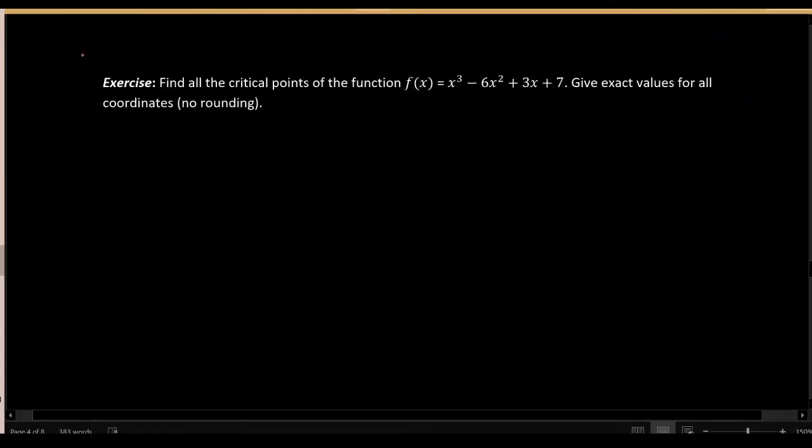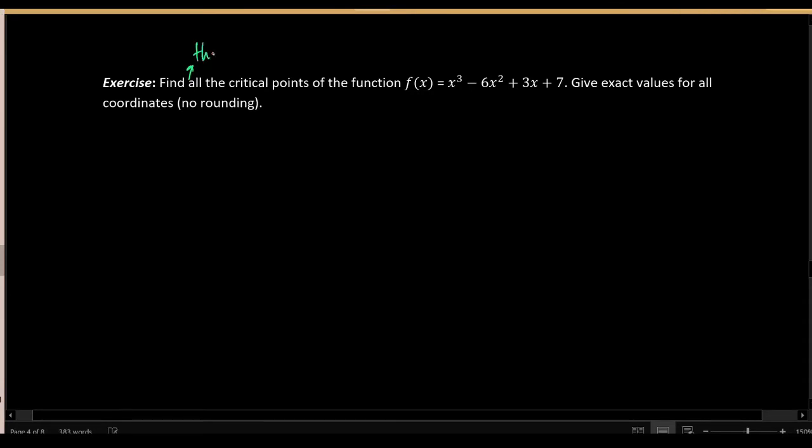So let's practice mathematically finding the critical points of the function x cubed minus 6x squared plus 3x plus 7. Oops, and I've forgotten an important extra little bit here that is really going to make this problem feasible.